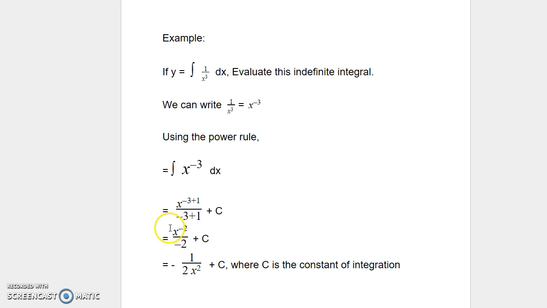Since positive divided by negative is negative, the answer is a negative value: negative of 1 divided by 2x squared.